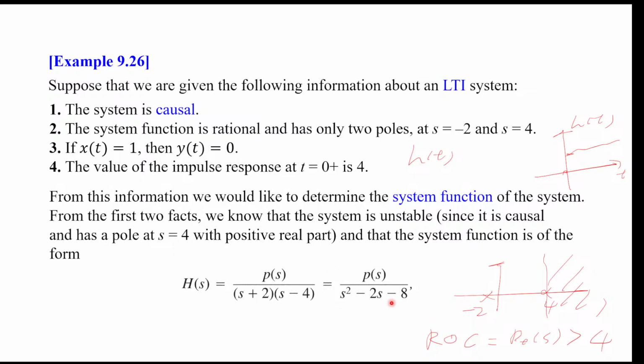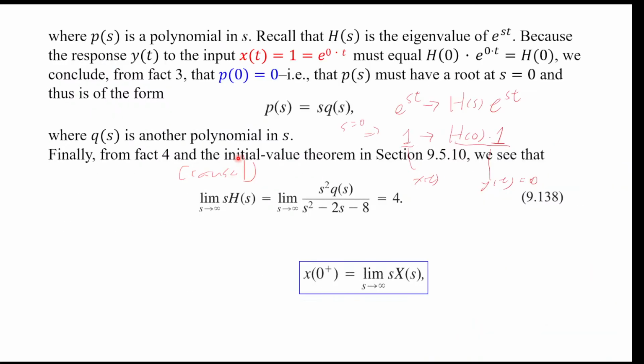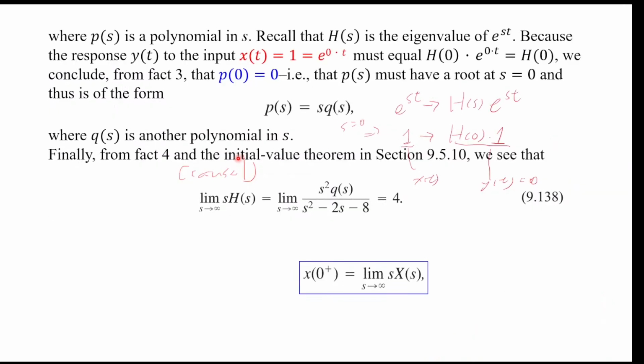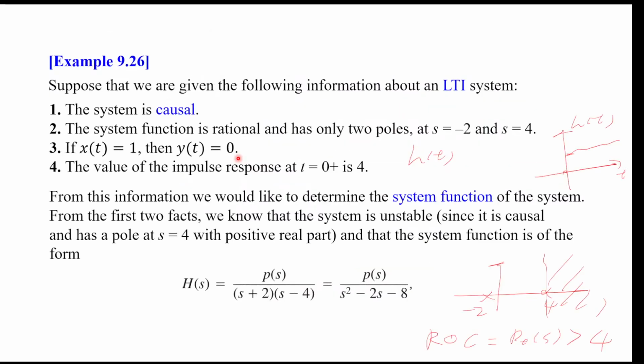And now we need to use this weird condition: x of t equal to 1, then y of t equal to 0. This is in the time domain, and H of s is in the frequency domain.